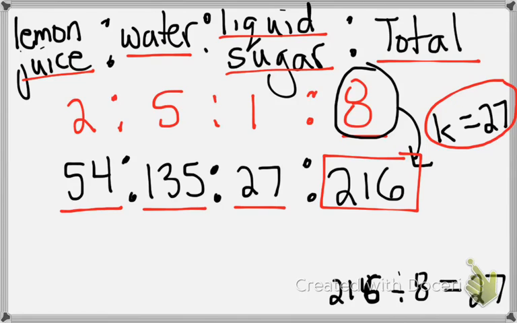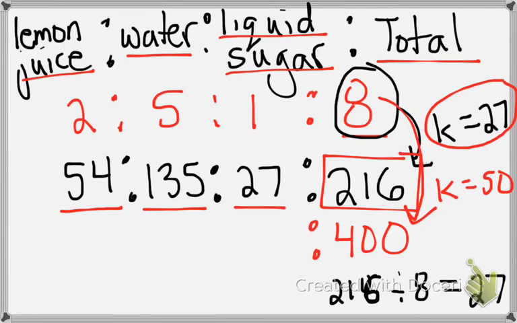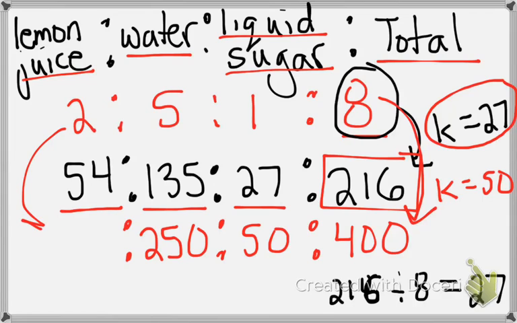So if we want 400 cups of lemonade, what do we multiply 8 by to get 400? Well, 400 divided by 8 is 50. So this is a K of 50. So 1 times 50 is 50. 5 times 50 is 250. 2 times 50 is 100.